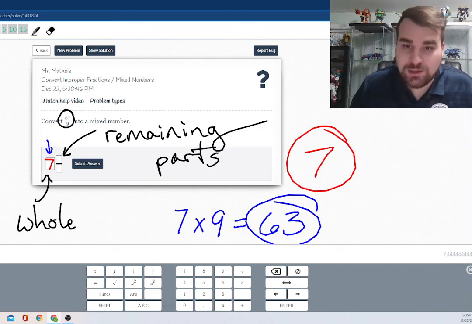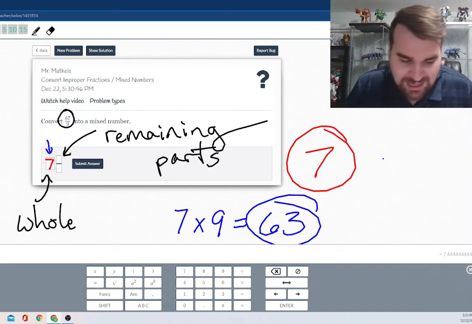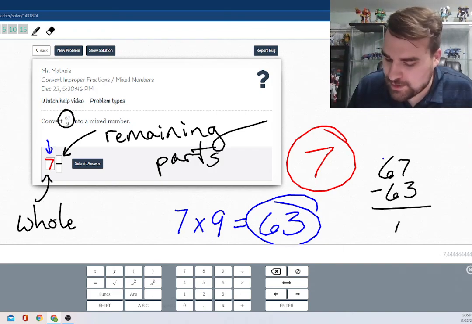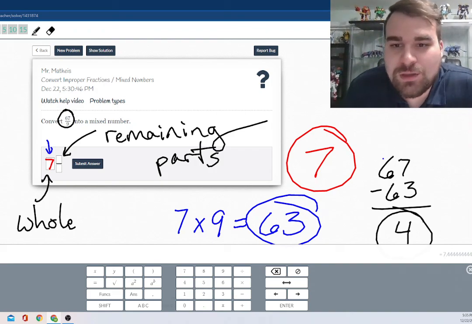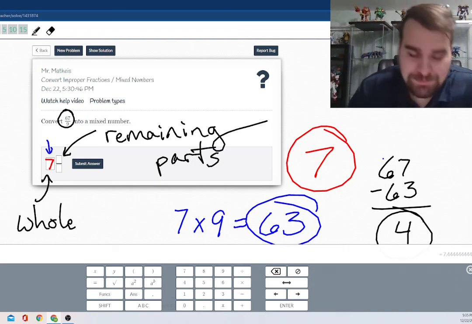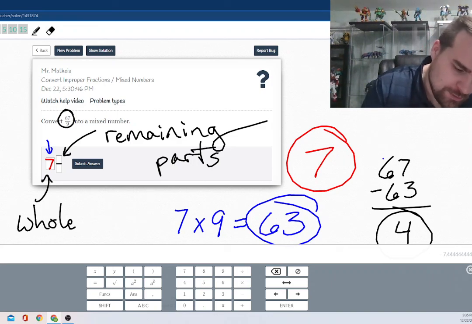So we take the numerator, 67, and subtract 63 from it. And we get 4. And 4 is the number that is going to go in the top of our remaining parts. So I'm going to pencil that in here. I'm going to put in 4.